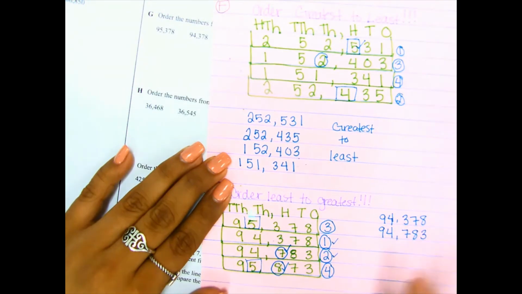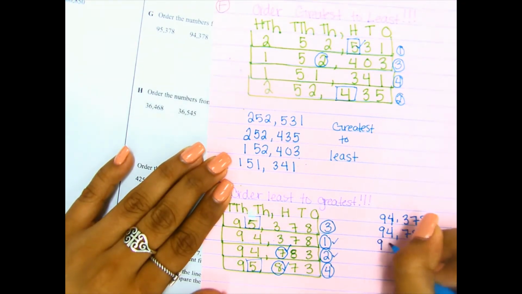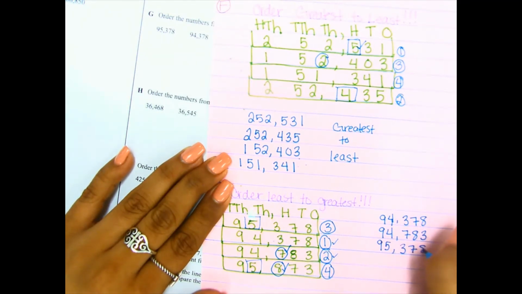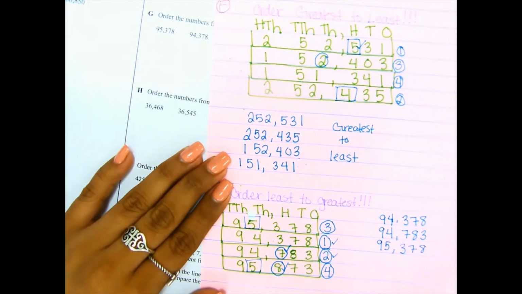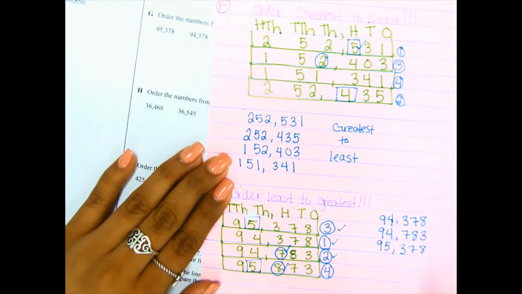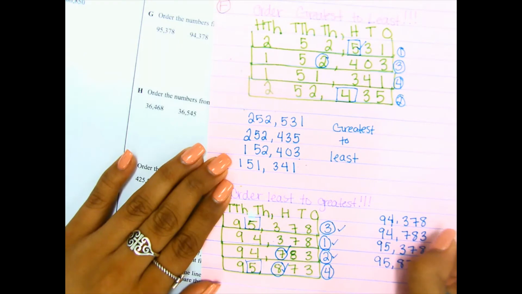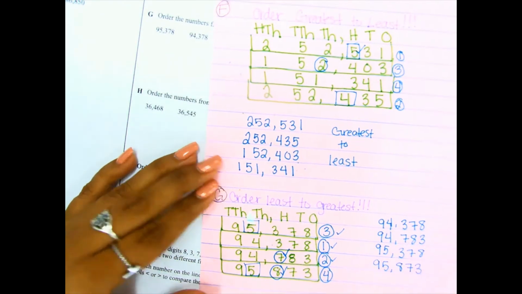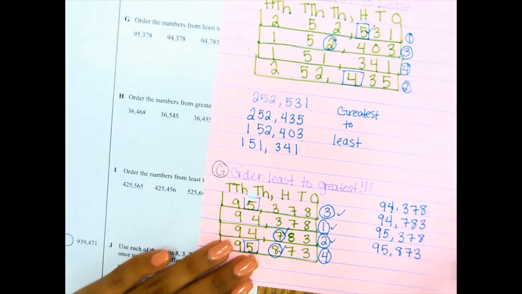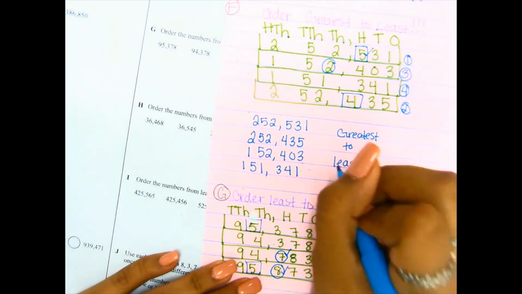Now I need my 3rd place, which is 95,378. Then in last place, which is my greatest number, is 95,873. This is from least to greatest. From least to greatest. And this one was from greatest to least.